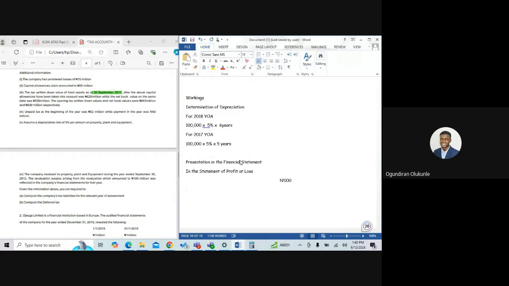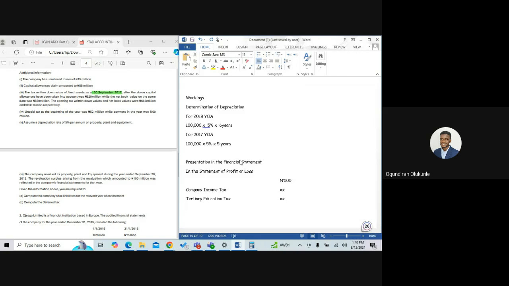Common income tax, this is the presentation now. Common income tax, you have an amount, then tertiary education tax, you have an amount here, right?